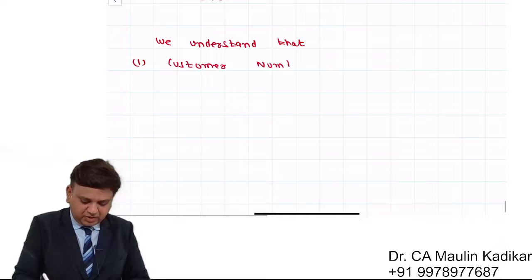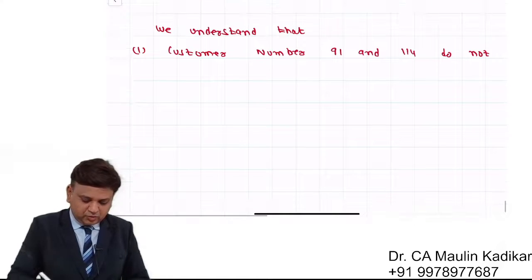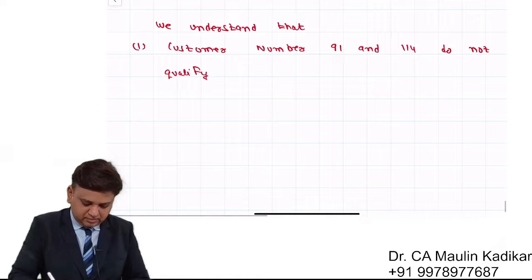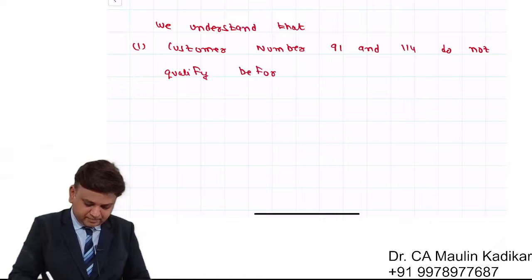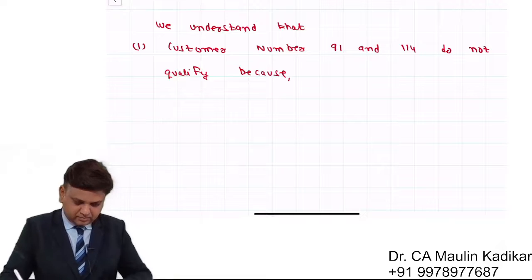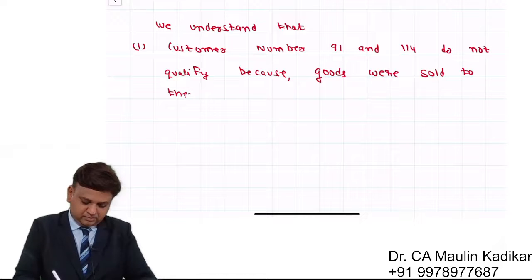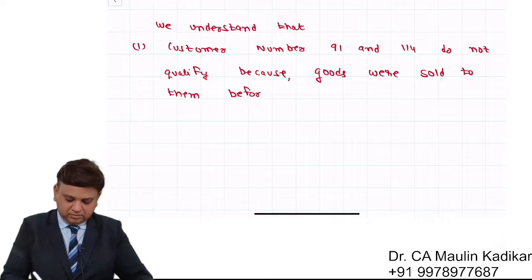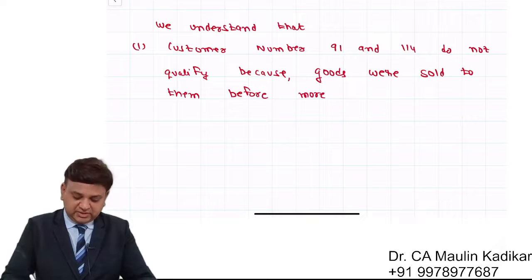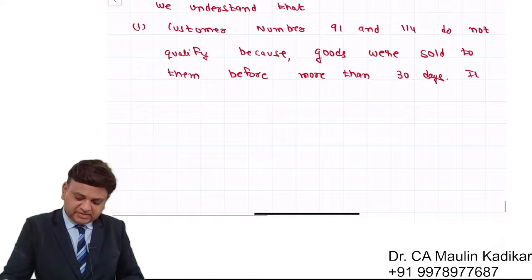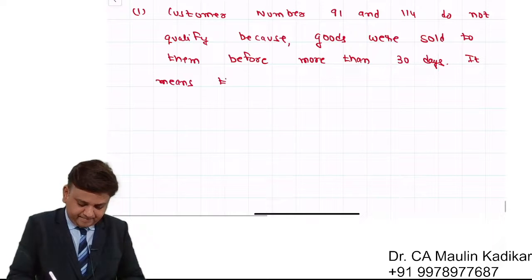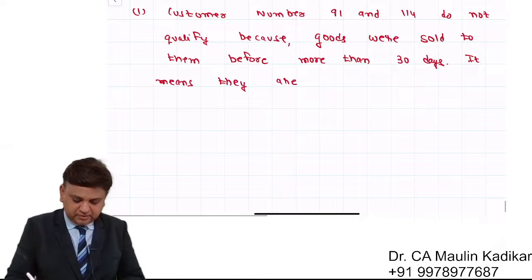Customer number or account number 91 and 114 do not qualify because goods were sold to them more than 30 days before. Full stop. It means they are overdue.